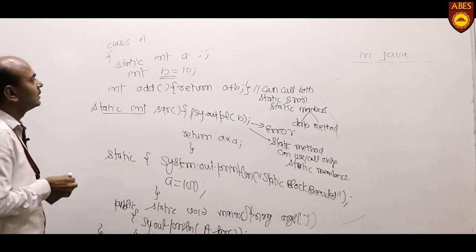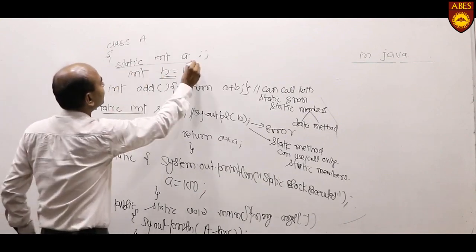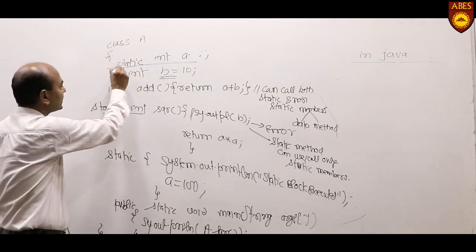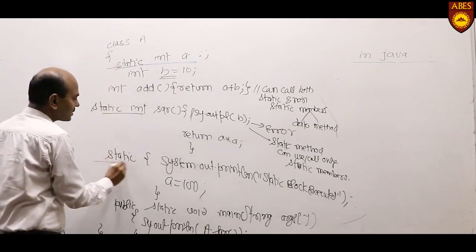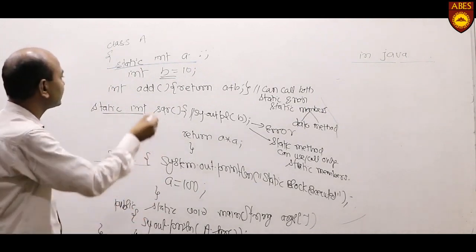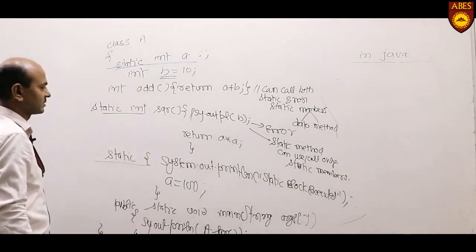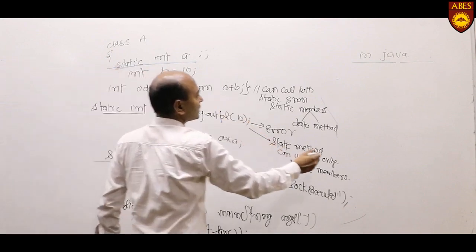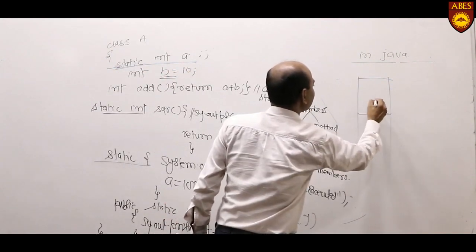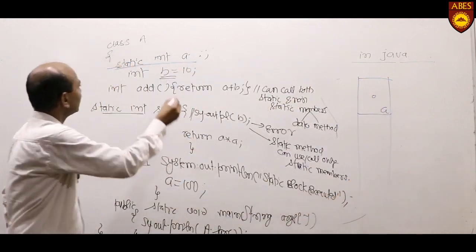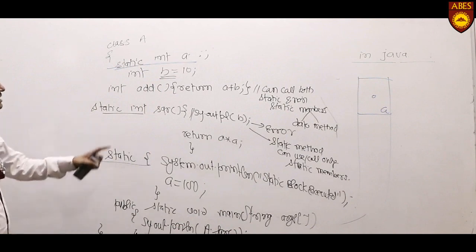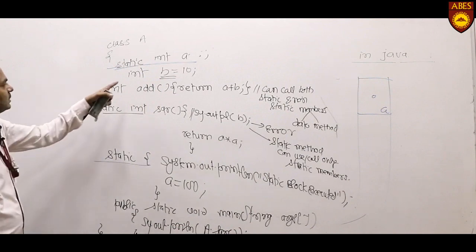First of all, static data members will be loaded in memory, and all the static data members and static blocks are executed in the order in which they are written inside the class. So first a will be loaded in memory, and the initial value of a will be 0. If we have not initialized a by any value explicitly, then its initial value will be 0.